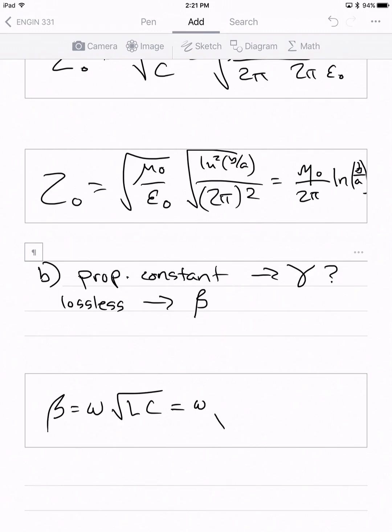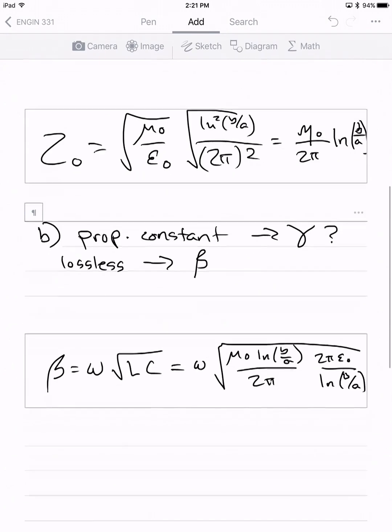So we have omega times the square root of mu naught ln of b over a divided by 2 pi times 2 pi epsilon naught divided by ln of b over a.